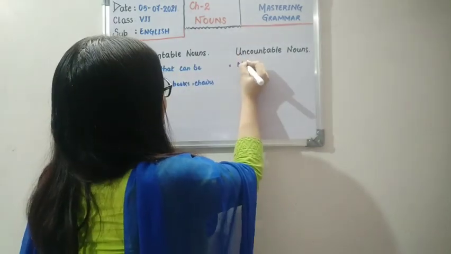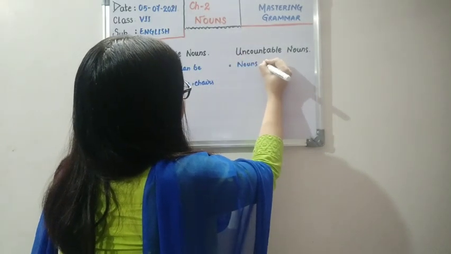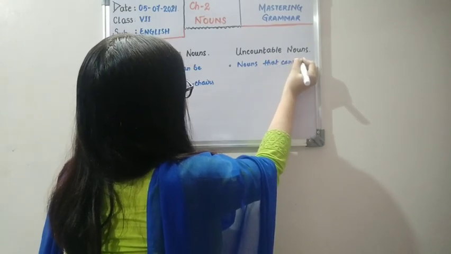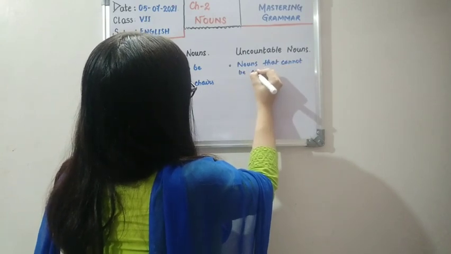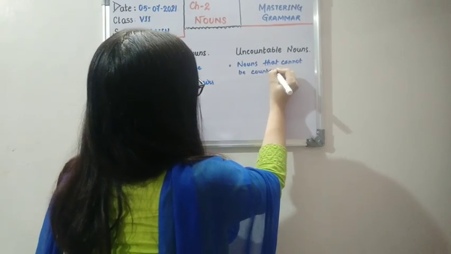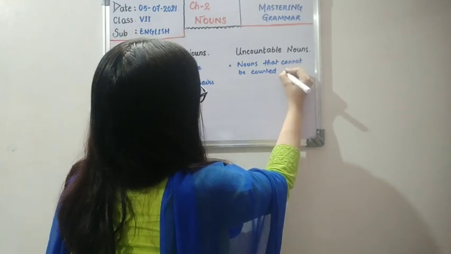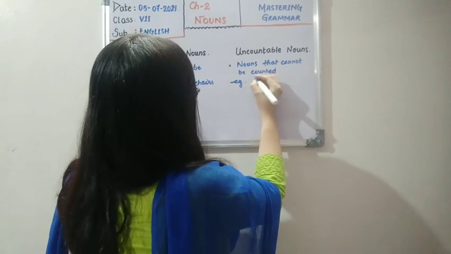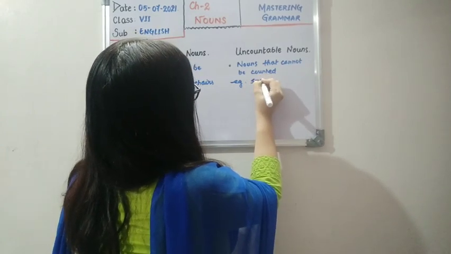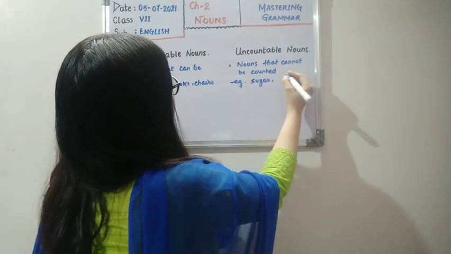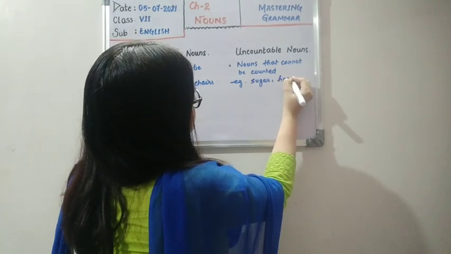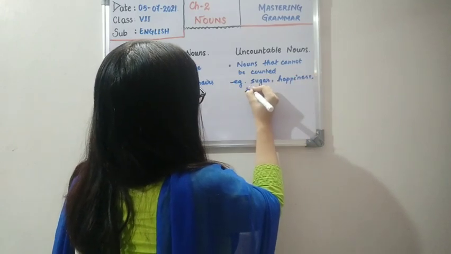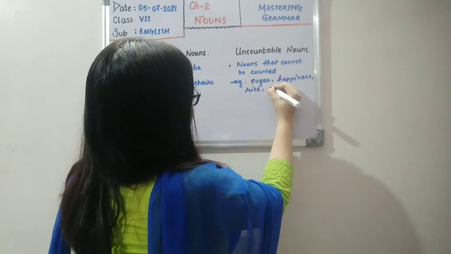So nouns that cannot be counted, like, children, for example, sugar, then happiness, rice, money.